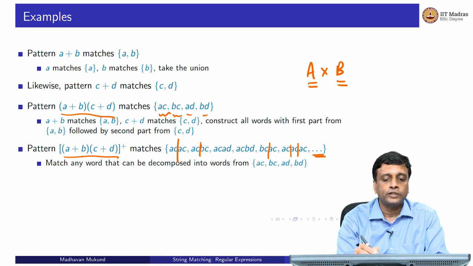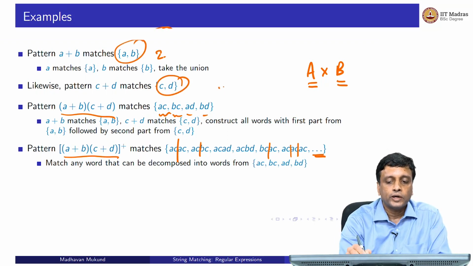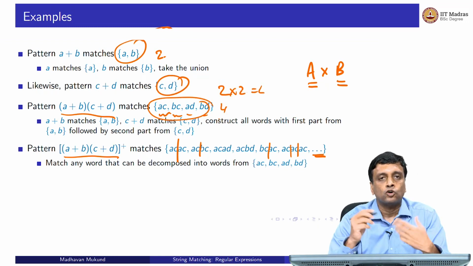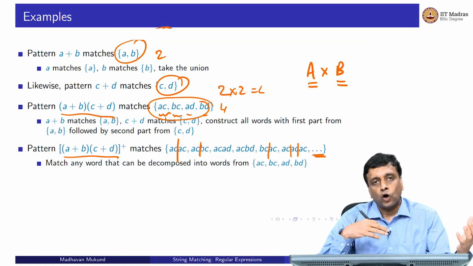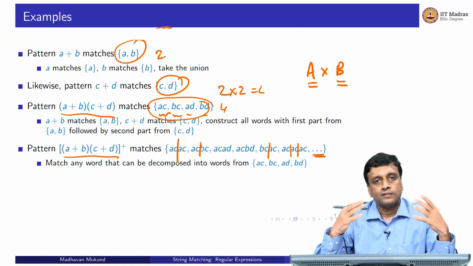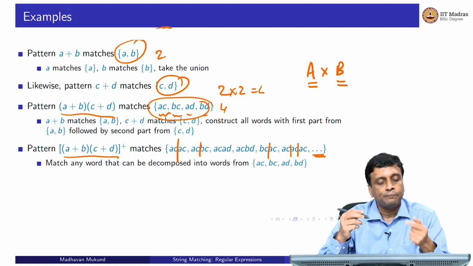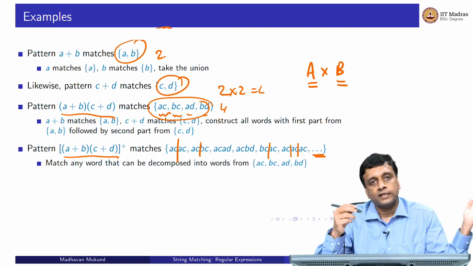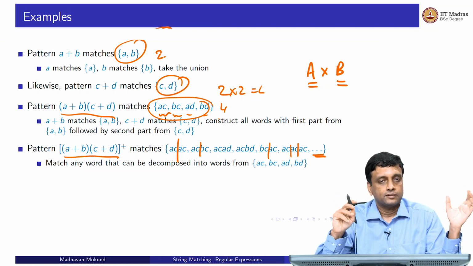Here, for instance, I had 2 words and 2 words, so 2 times 2 is equal to 4 words, because it's A cross B. As long as I am working with plus and dot, I can only build finite sets of words which match my pattern. But the moment I do this repetition, I go outside this finite set and can now talk about an infinite set of words which matches.